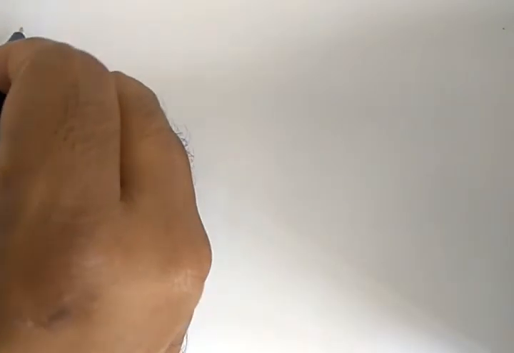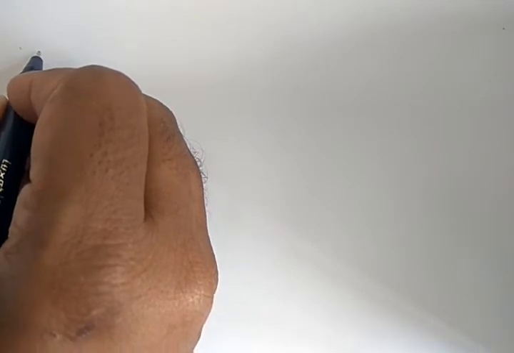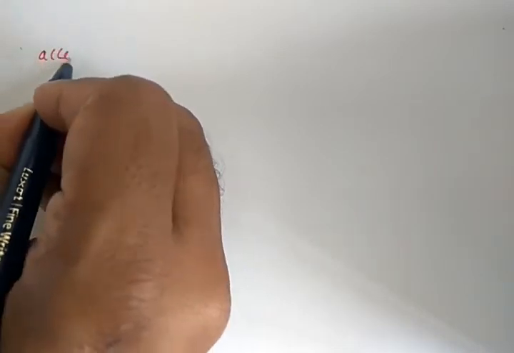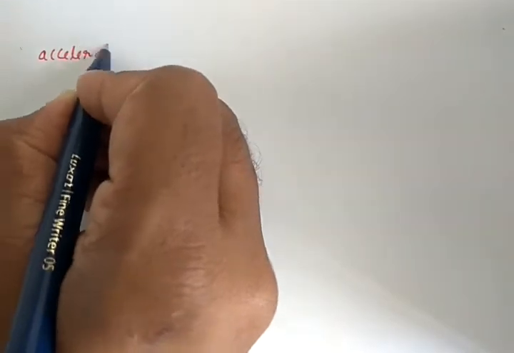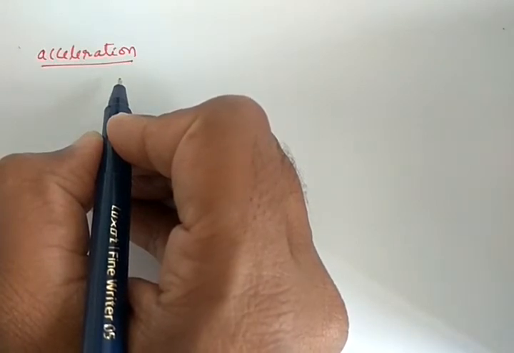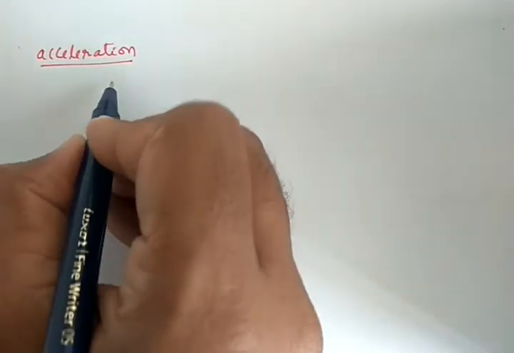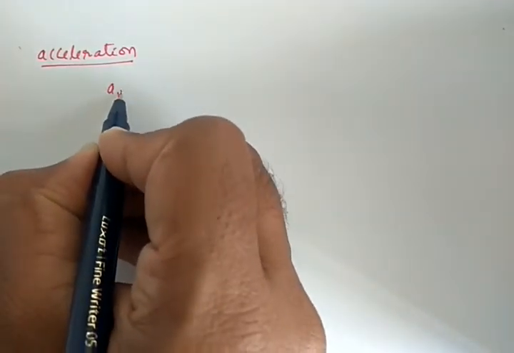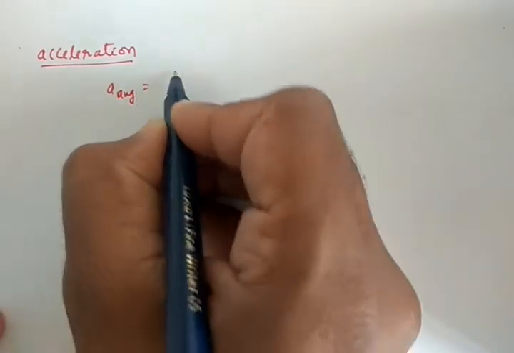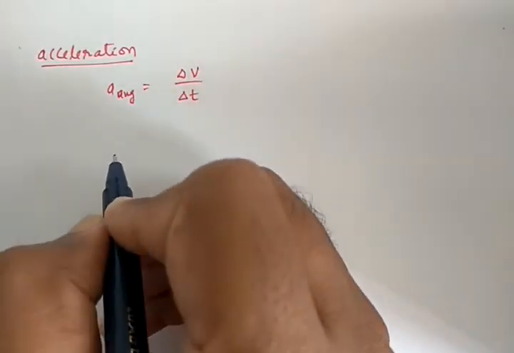Now let us define average acceleration. Average acceleration is defined as the change in velocity divided by the time interval. So you can write average acceleration as change in velocity by time interval.